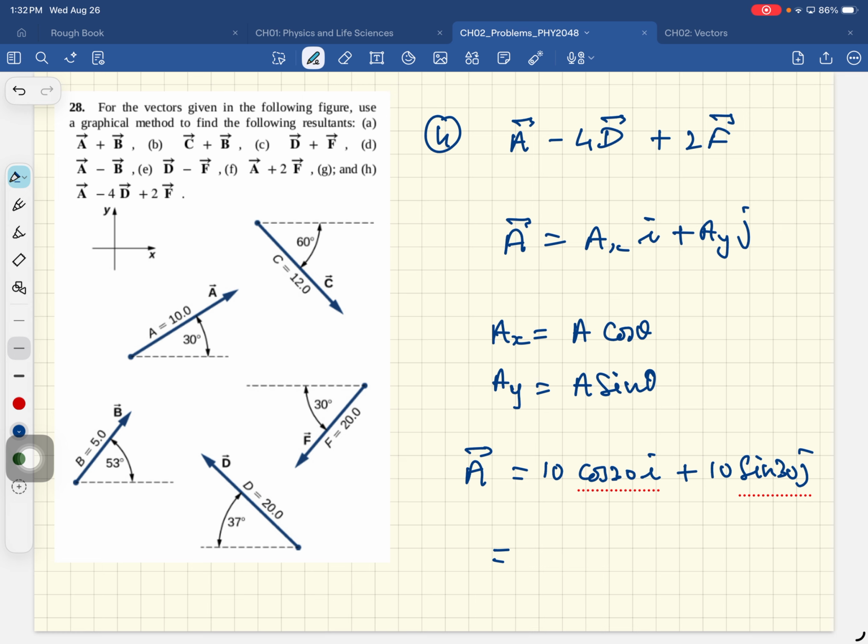Now we have the magnitude of these sides, but this side for our vector is in the negative x direction, so the x component will be, you would put in the sign by hand, 20 cosine 37, and this would be 20 sine 37.